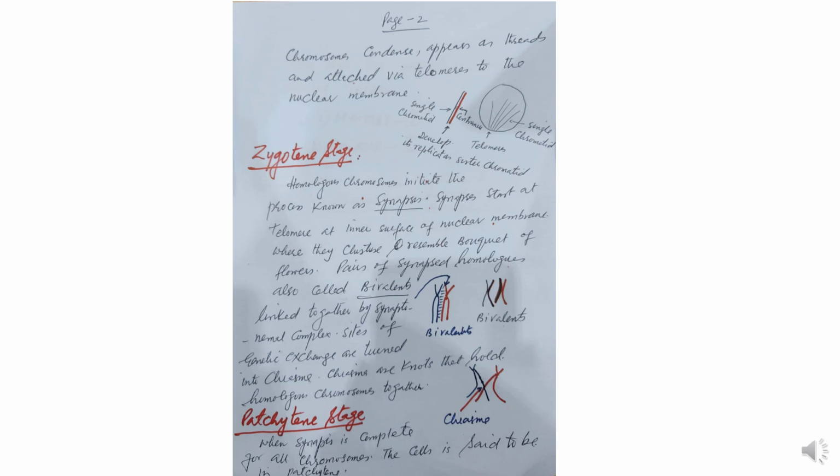Pachytene means patch, a patch of the chromatin material that is exchanged. Here this blue will attach with the red and red will attach to the blue. Here they will exchange. Because at that moment a patch is formed, it is the pachytene stage.